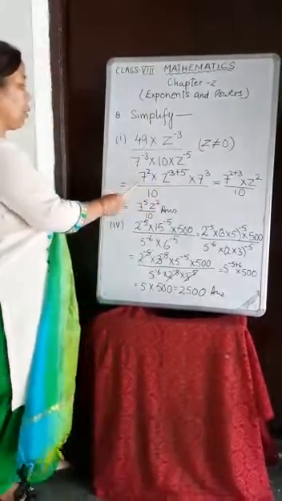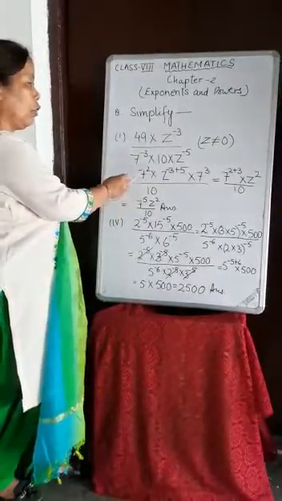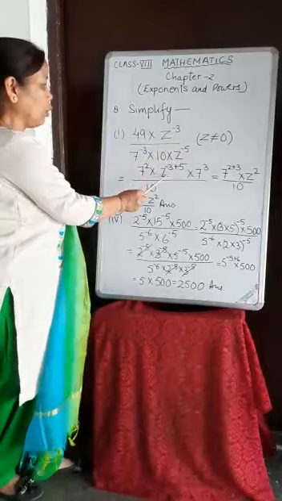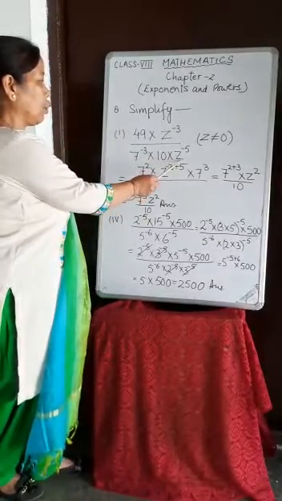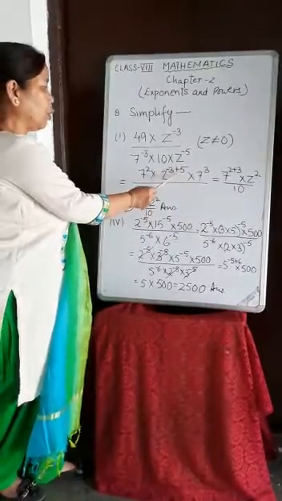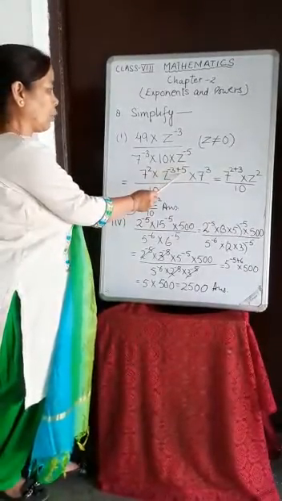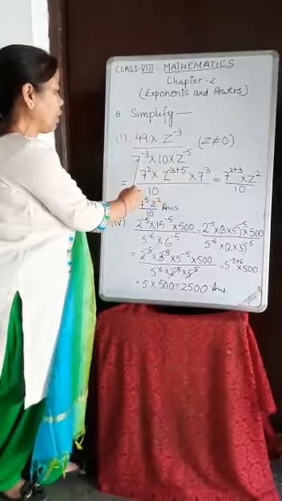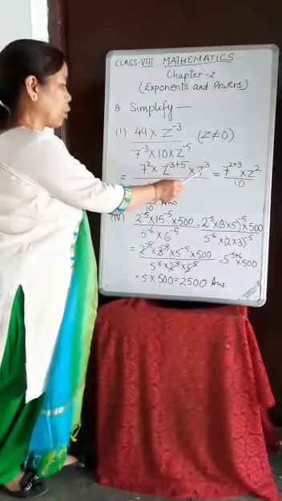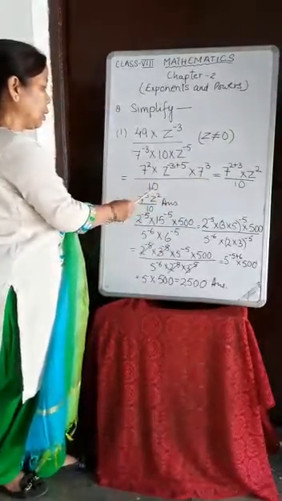49 can be written as 7 square. Now z to the power minus 3 is already there in the numerator. We have taken the z to the power minus 5 to the numerator from the denominator. So this minus sign will change into plus 5. And this 7 raised to the power minus 3 will also change into 7 raised to the power plus 3, whole upon this 10.